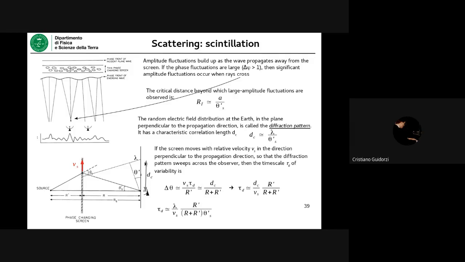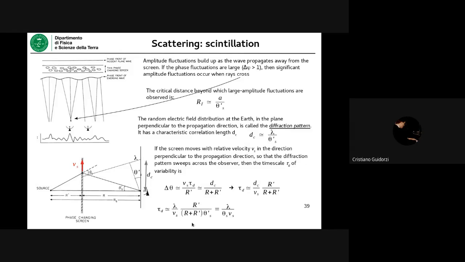And just by using the value for the correlation length, which is lambda over delta theta s prime, I replace dc with this expression here, lambda over theta s prime. I slightly rearranged the terms in such a way that you see this guy here is nothing but theta s. If you go back to the previous slide, we found that theta s prime indeed is r prime over the total sum of the distance times theta s.